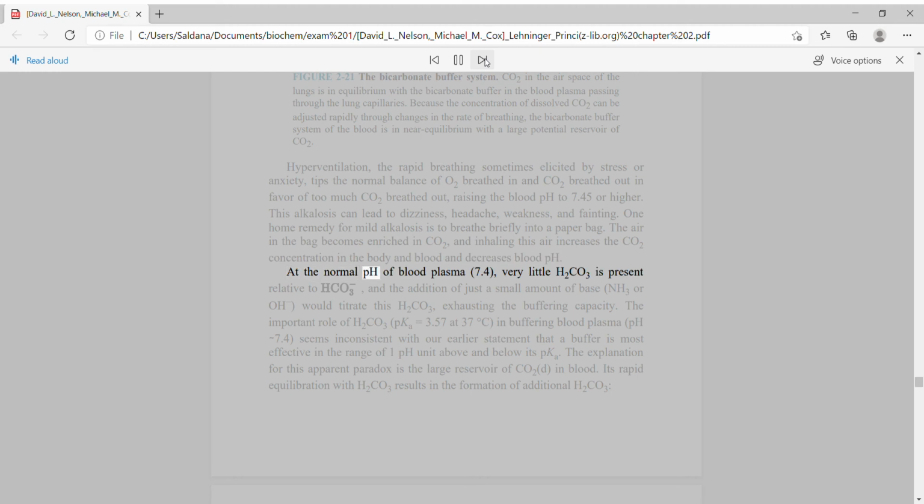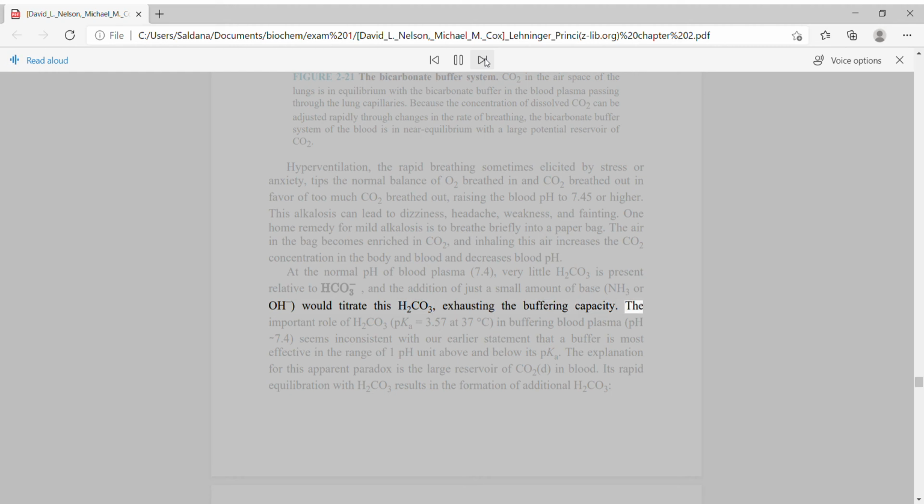At the normal pH of blood plasma, 7.4, very little H2CO3 is present relative to HCO3-, and the addition of just a small amount of base, NH3 or OH-, would titrate this H2CO3, exhausting the buffering capacity.